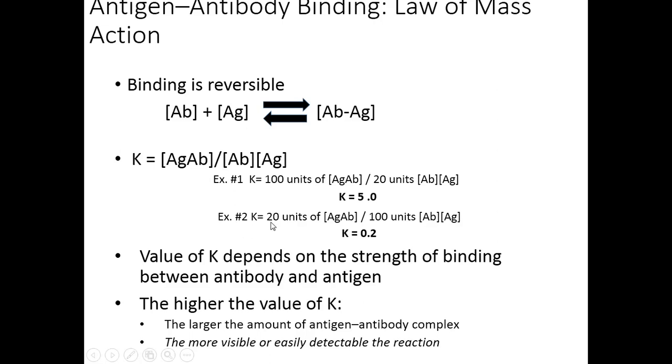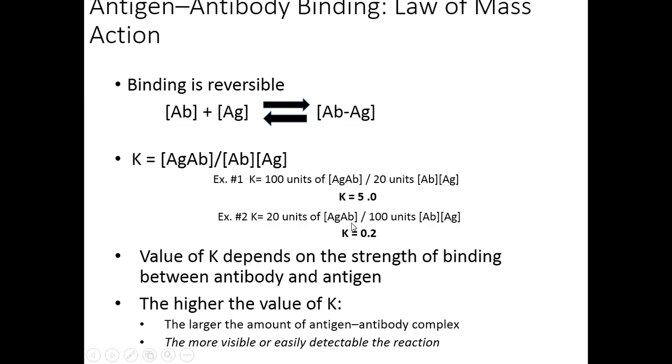Let's look at K if we have only 20 units of complexed versus 100 units of free antibody and antigen. We end up with a constant, or the difference in rate of binding versus dissociation, that is very low. It's only 0.2.